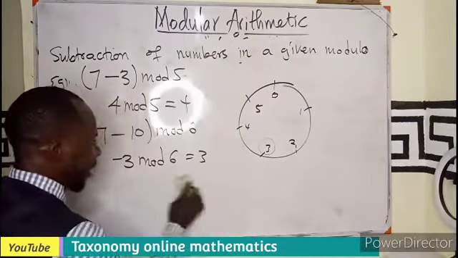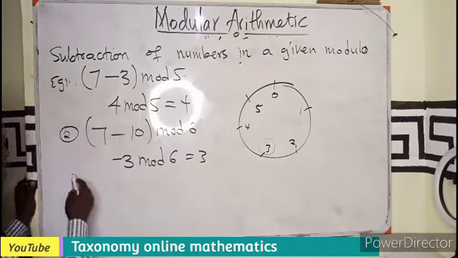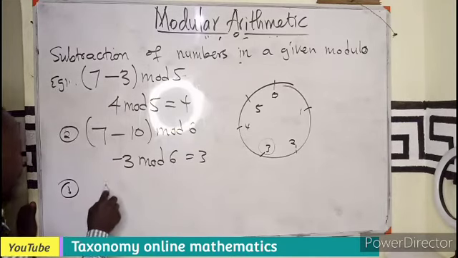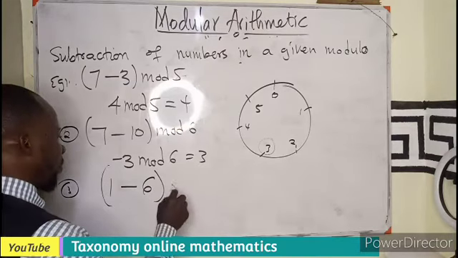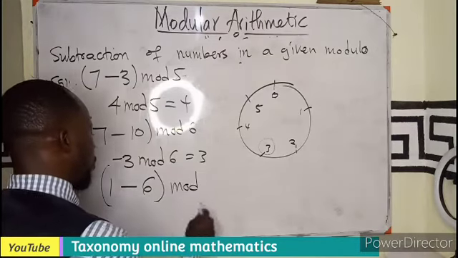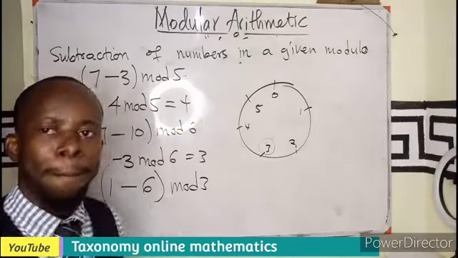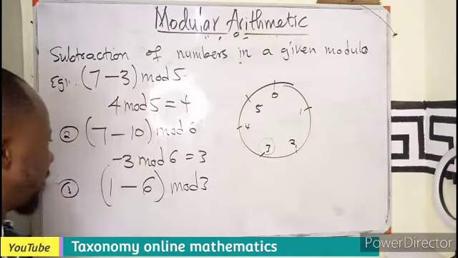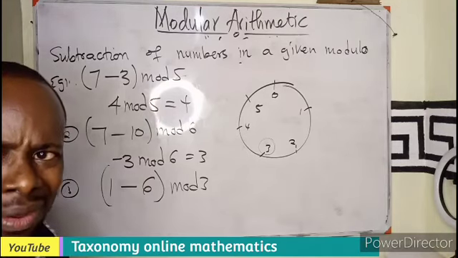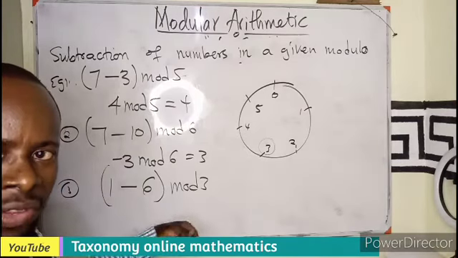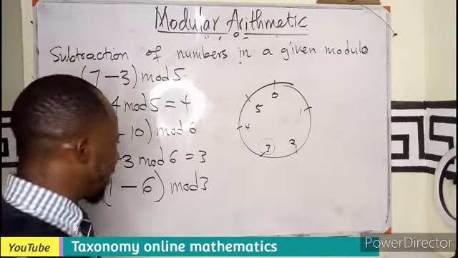Let's get that clear. Let's say example 3, 1 minus 6 mod 3. Let's see this. 1 minus 6. What do we get? 1 is less than 6, so obviously a negative answer. That will be negative 5.